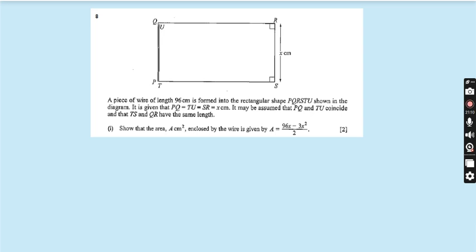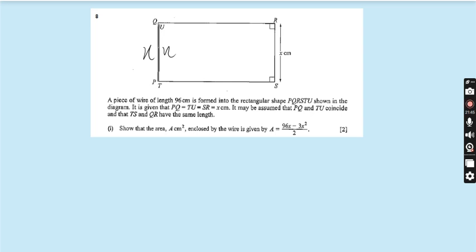A piece of wire of length 96 centimeter is formed into the rectangular shape PQRSTU shown in the diagram. It is given that PQ is x, TU is x, and SR is already written x.